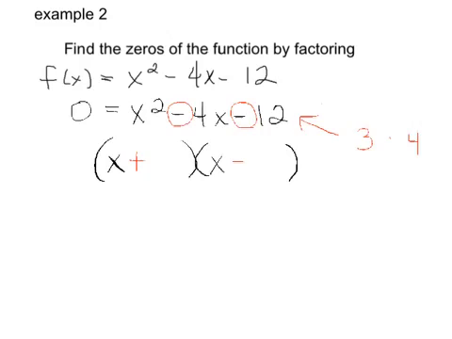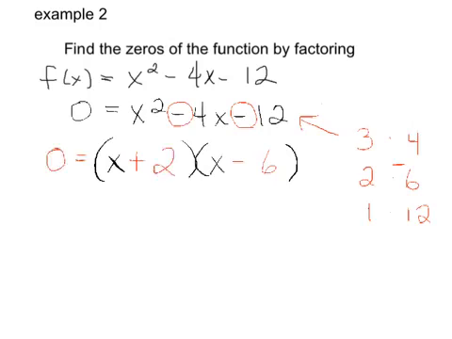So 3 times 4, 2 times 6, 1 times 12. If I multiply 2 times 6, I get 12. And if I take the difference of 2 and 6, I get 4. So if we do 2 times negative 6, we get negative 12, and add 2 and negative 6, it's negative 4. So I'm going to put my negative 6 there, my 2 there.